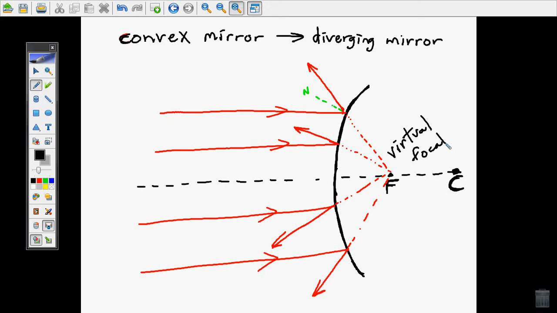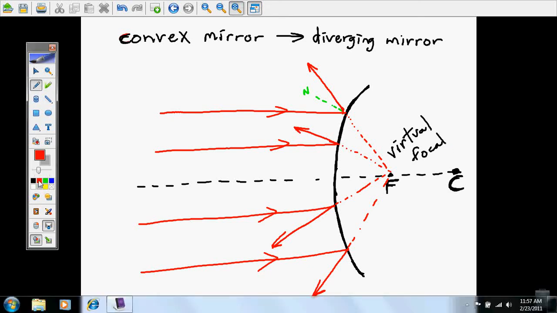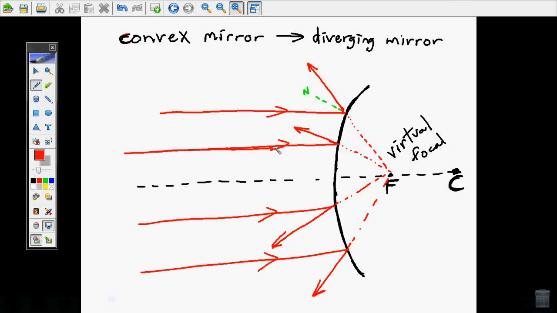So, important ray number one, a light ray traveling parallel to the principal axis, diverges and reflects away as if it came from the virtual focal point.